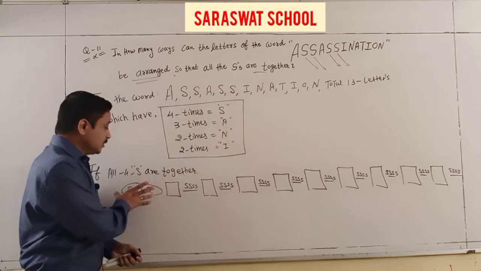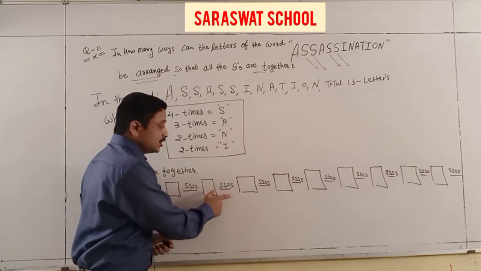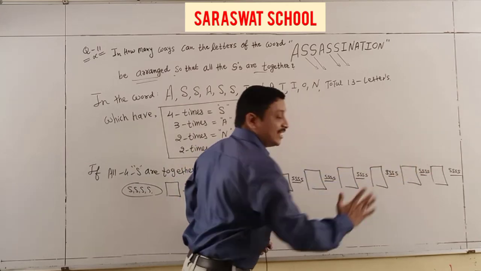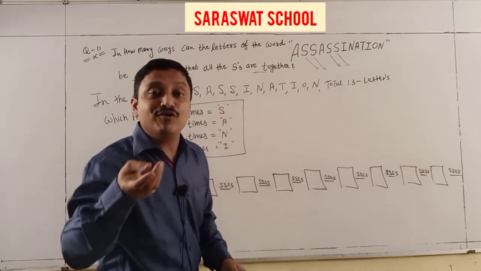How many ways? 1, 2, 3, 4, 5, 6, 7, 8, 9, 10. So 10 ways of arranging the group of S.